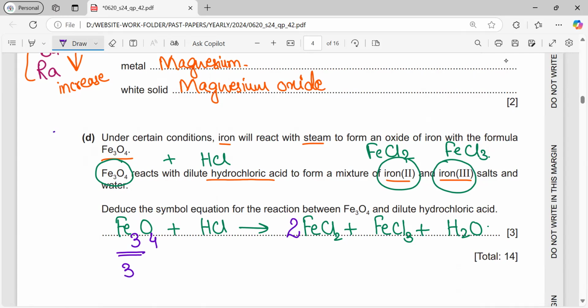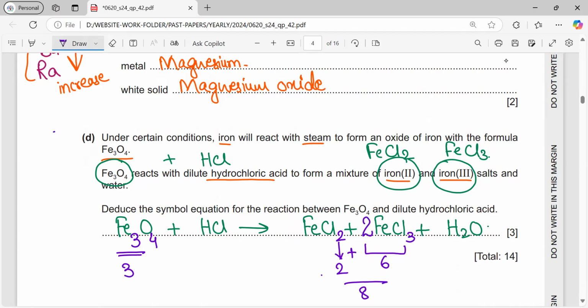This makes chlorine 8. Here in 2 FeCl2, the chlorine will be 2 into 2, 4. This 2 will be written with FeCl2 and this is FeCl3, and this 2 will be written with FeCl3. 2 into 3 becomes 6, plus the 2 here which makes a total of 8.